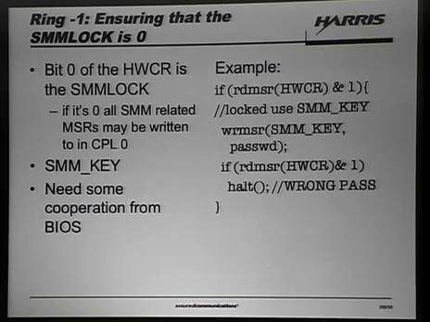What SM key does is, if the system management mode lock is set, but before you set it, you happen to do a write to SM key, it basically becomes a password that allows privileged code to unlock SM lock. The thing about SM lock is that if SM key is not set, and it's set to 1, the only way to unset SM lock is to actually reset the machine.